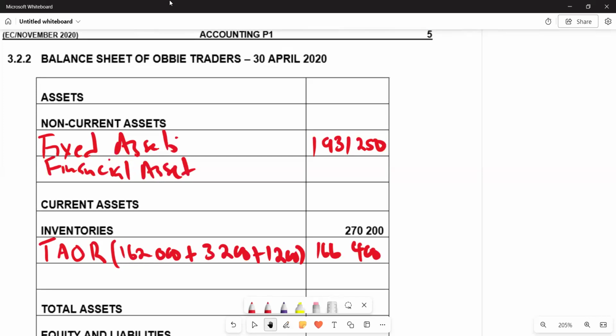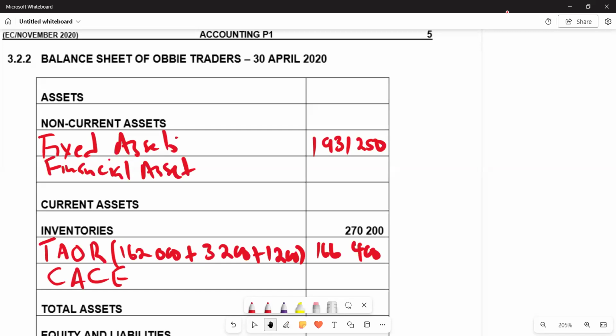So this is what then we move on to. Let's try to see which other current asset we have in the question. The other current asset that we have is cash and cash equivalents.